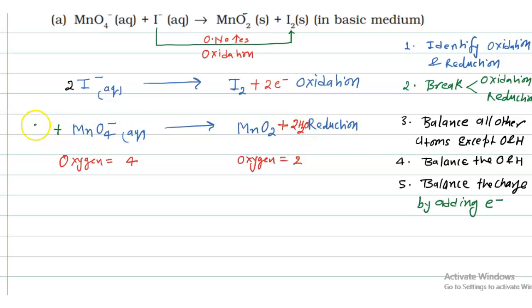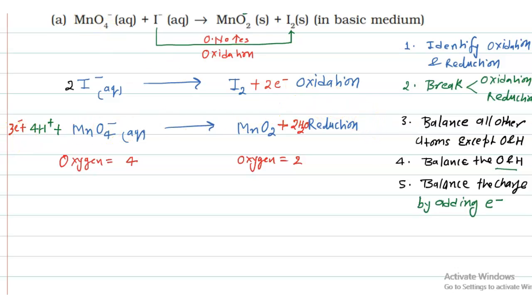So we balance the hydrogen by adding 4H plus. Now balance the charge. After balancing oxygen and hydrogen, we must balance the charge. Towards the product side there is no charge, but towards the reactant side 4 plus and 1 minus, so that will be 3 plus charge. Where the plus charge is more, on that side we add the same number of electrons. So 3 charge is more here, and we add 3 electrons towards the reactant side.